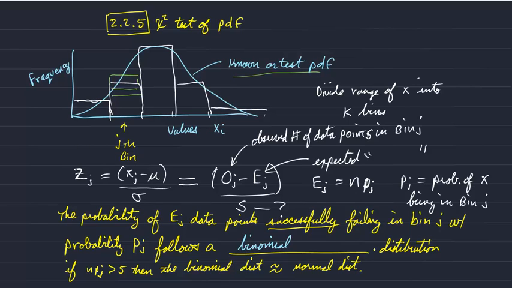So we now have a variable that shows a normal distribution, and therefore if we square this variable, then it will have a chi-squared distribution. If we square it and sum it over k bins, it'll have a chi-squared distribution of k minus 1.